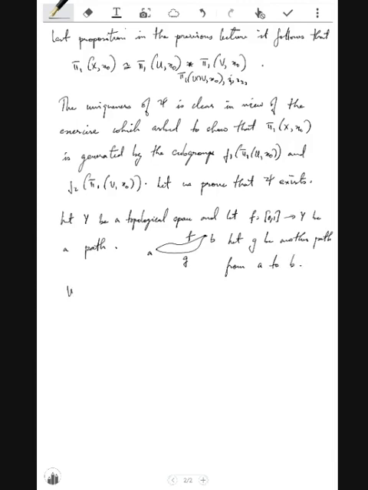So we say f is homotopic to g in Y if there is a homotopy from I cross I to Y which leaves the ends fixed, and here it is f and here it is g.